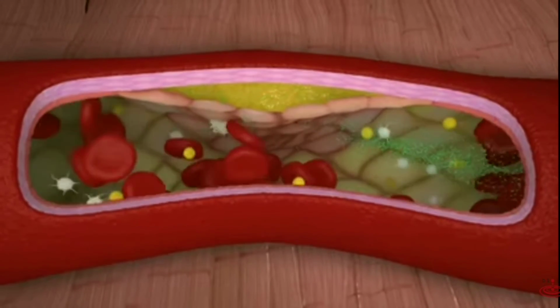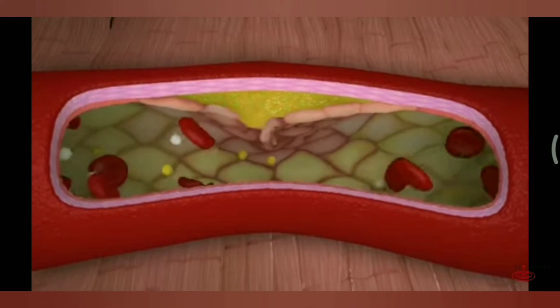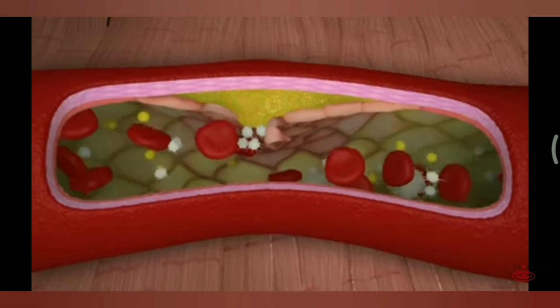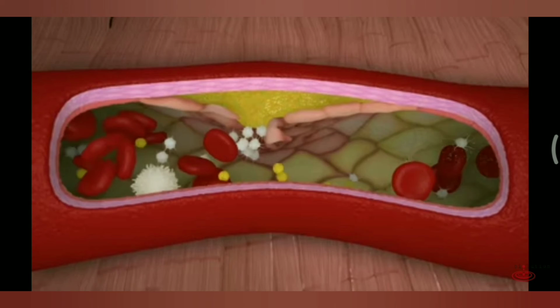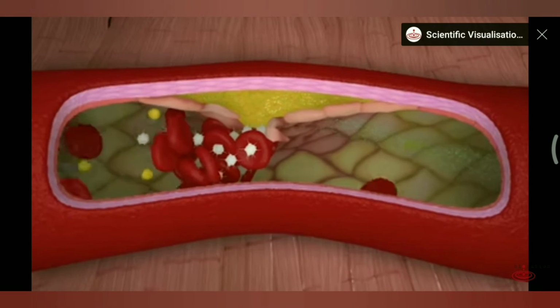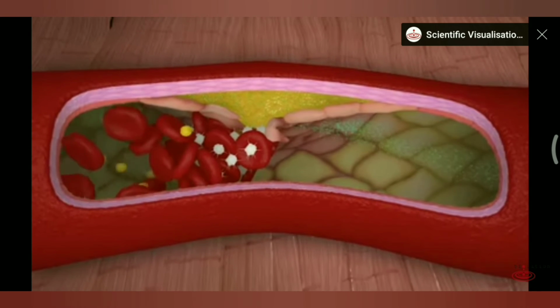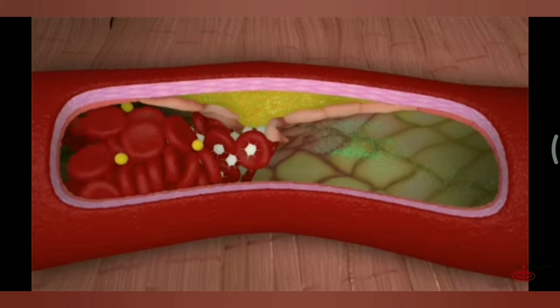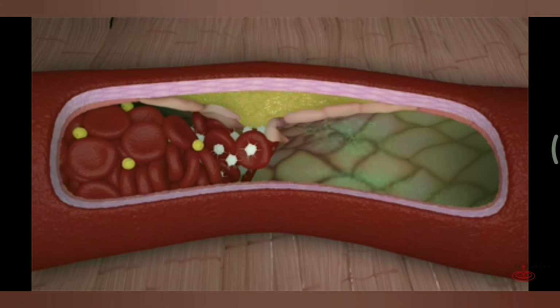When the plaque ruptures, the white blood cells and platelets start depositing on the artery, which leads to the complete blockage, and there is not sufficient blood to the coronary artery. The coronary artery starts seizing and dies. This condition is known as myocardial ischemia. If it is not treated, it converts to myocardial infarction.